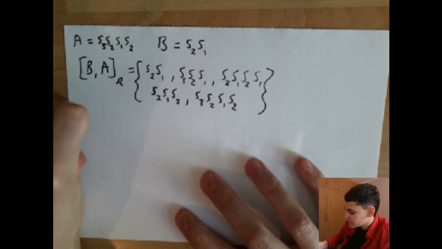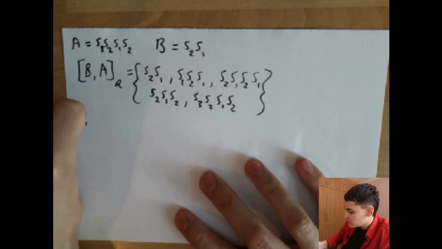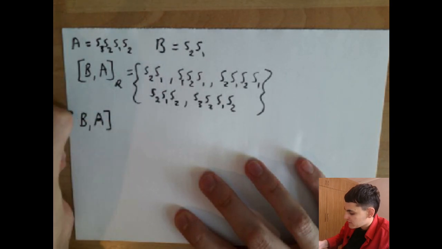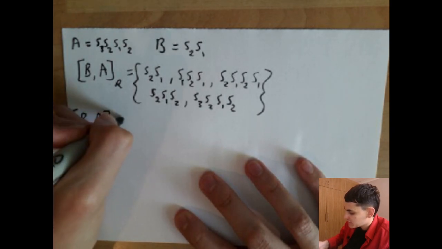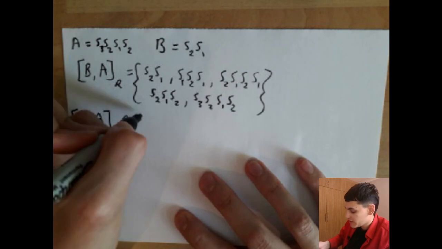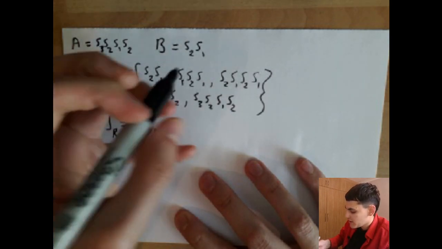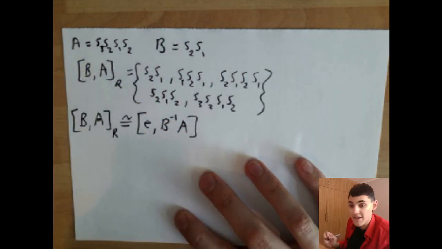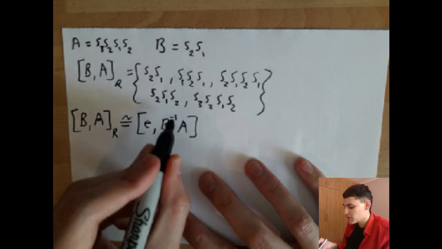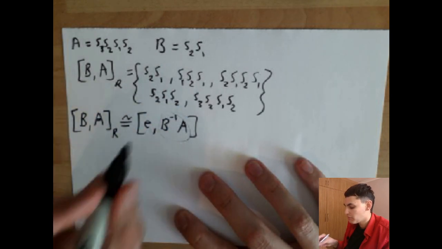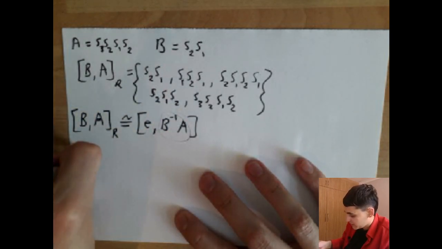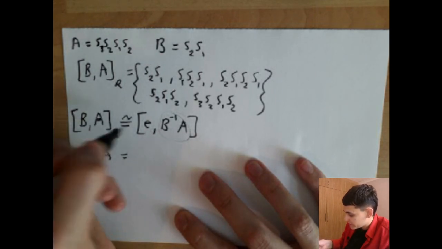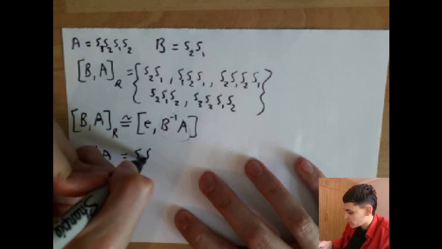Well, it tells us that this interval B to A under the right weak order is isomorphic to the interval from the identity to B inverse A. Now we can work out what B inverse A is. So let's do that now. B inverse would be S1, S2.